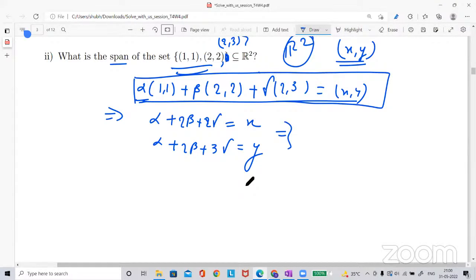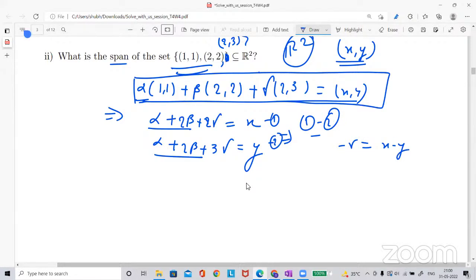If you subtract equation 1 minus 2, it gives minus gamma is equal to x minus y, which means gamma equals minus x plus y. You got gamma.